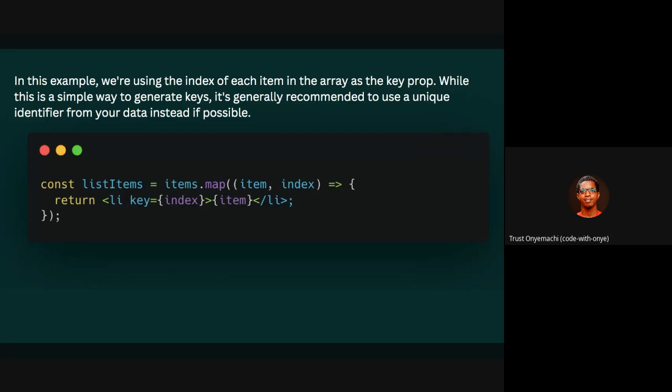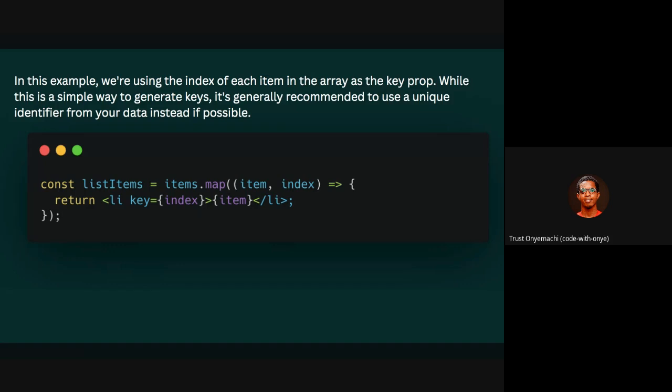It helps you identify each element of an array that is being rendered. That will be easier for you to call, and it will be easier for React to understand that particular element very well. Sometimes if you forget to put your key, in the console in your browser React will make a noise.